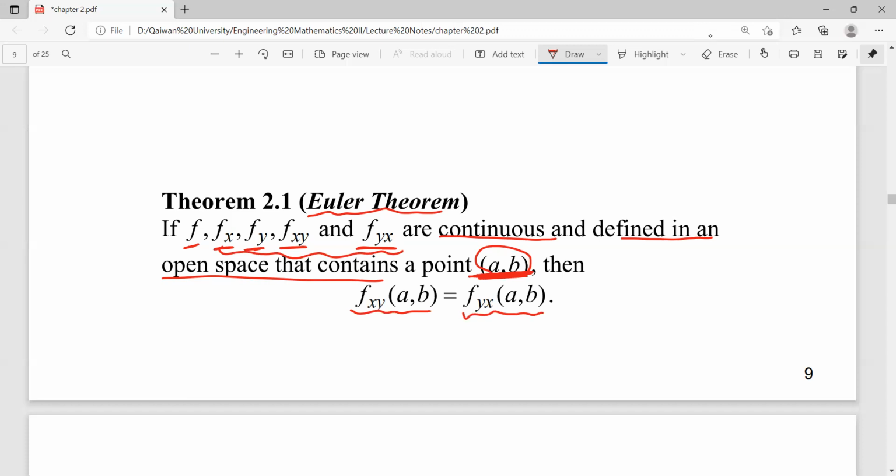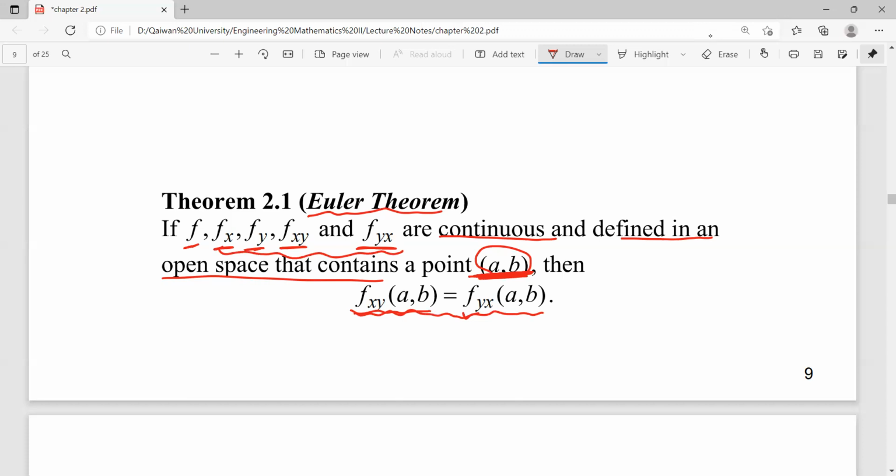That means if those functions are continuous in a space, then if we pick any point from the space, f sub xy equals f sub yx.